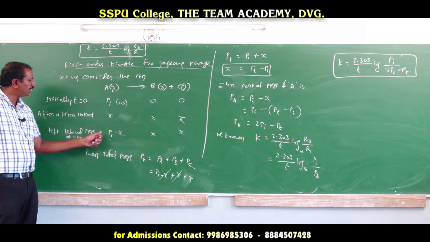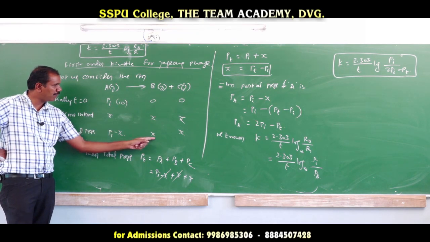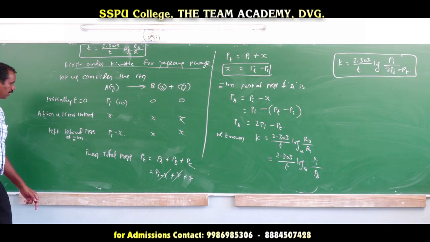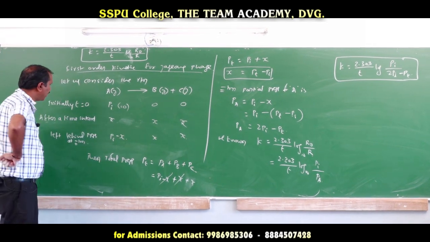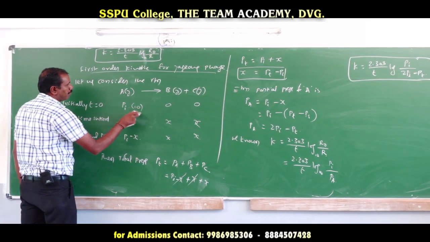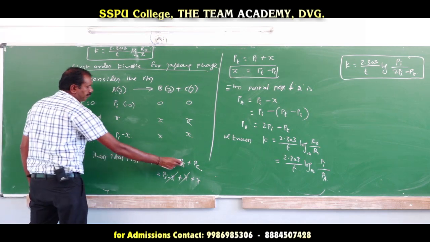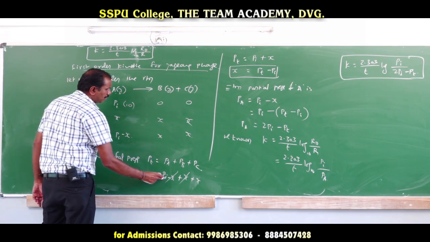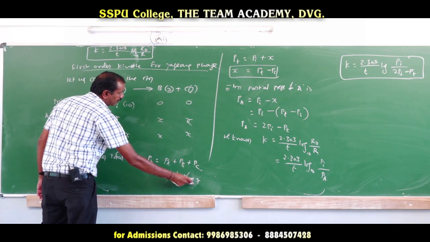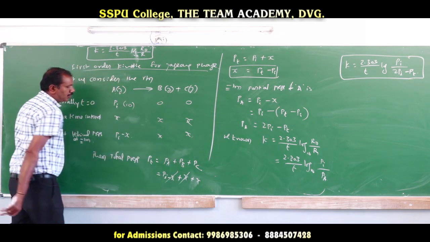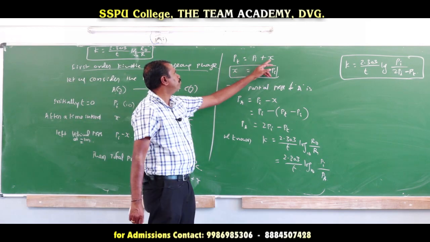Left behind pressure is Pi minus x. The total pressure Pt is the partial pressure of A plus B plus C, which is Pi minus x plus x plus x. The x cancels, so Pt equals Pi plus x.